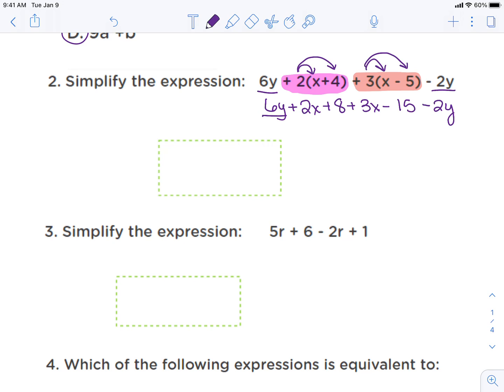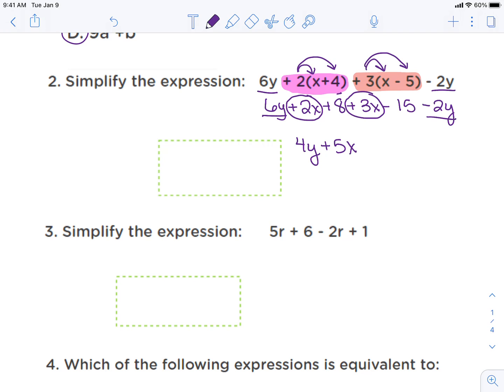I have a 6y and a negative 2y. So 6y minus 2y is 4y. I have a 2x and a 3x. 2x plus 3x is a positive 5x.